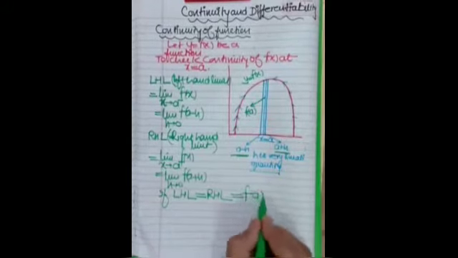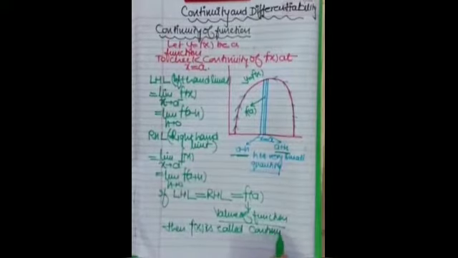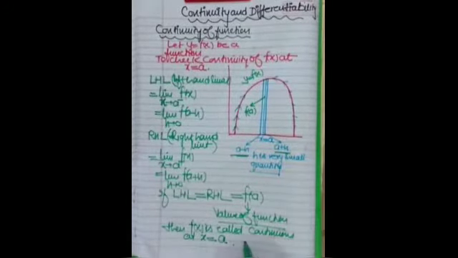Now if the value of the function is also equal, then the function f(x) is called continuous at x equals a. Then the function is said to be continuous at x equals a, otherwise discontinuous.